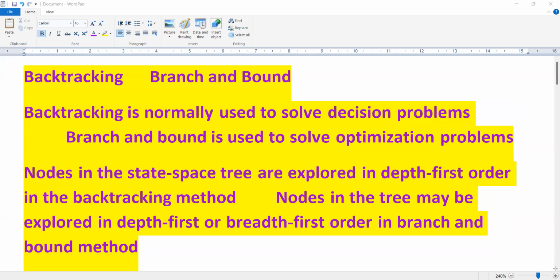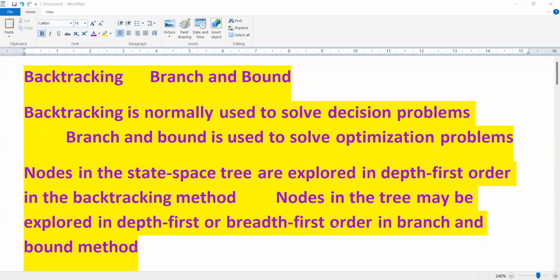Next difference. Backtracking is for decision problems, and branch and bound is for optimization problems.